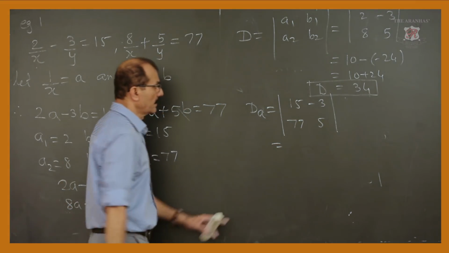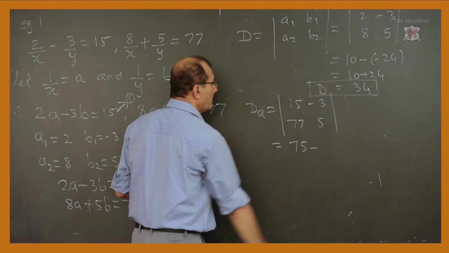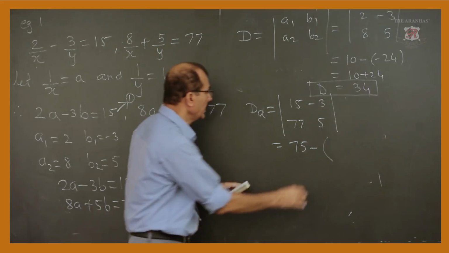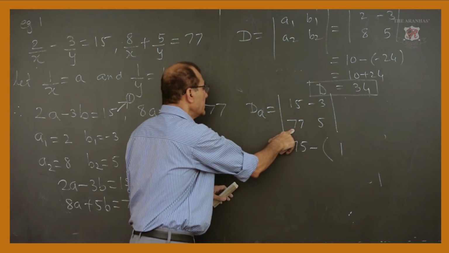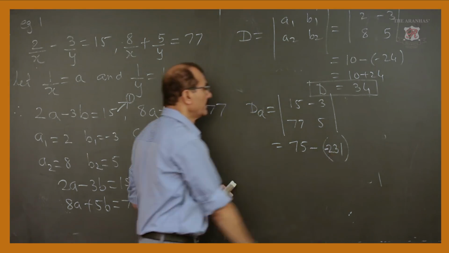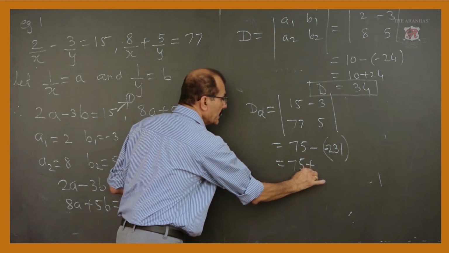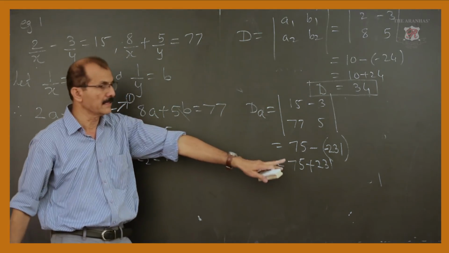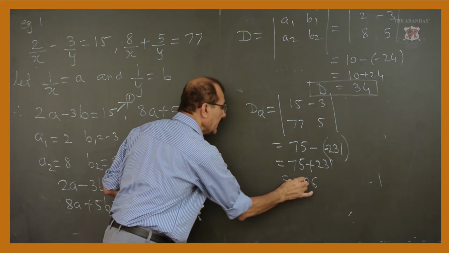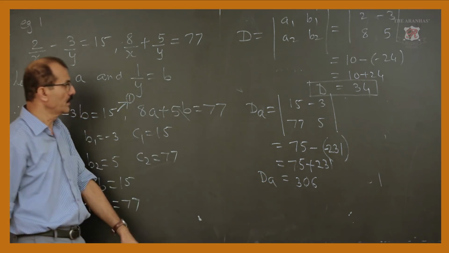When you find the value of this, 15 fives are 75, minus 77 into 3. 3 sevens are 21, and 3 sevens are 21 and 2 is 23, with a minus sign. So 75 plus 231, minus into minus is plus. So you get your dA as 306.